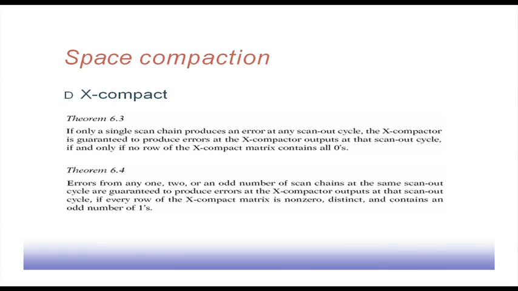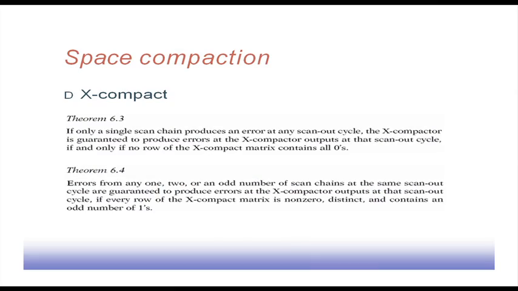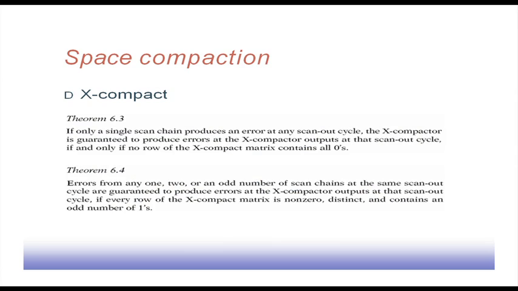So, we can construct this network. Of course, there are catches. If there is an even number of chains with faults, then none of these results tell anything. So, if there are an even number of faults, then of course, we cannot do anything. But it is very much likely that if some test pattern creates an even number of errors, there may be some other test pattern which will detect it at an odd number of scan chains, an odd number of outputs for the circuit under test.